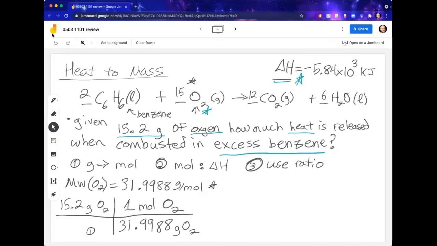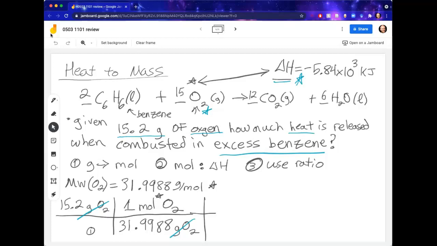All right, so we can get a number for that, or we can continue setting up the train tracks. In order to do the next conversion, we're going to need to think about the units that are available. And right now, that's moles of O2. And so to convert between moles of O2 and the heat, we need a mole to heat ratio.